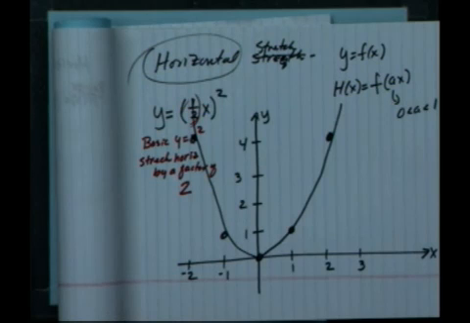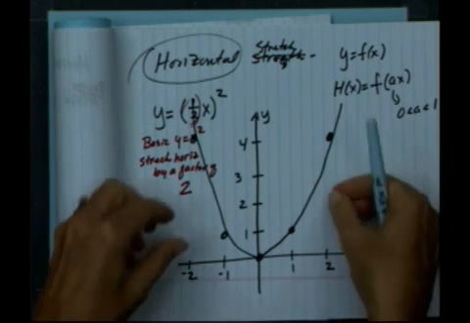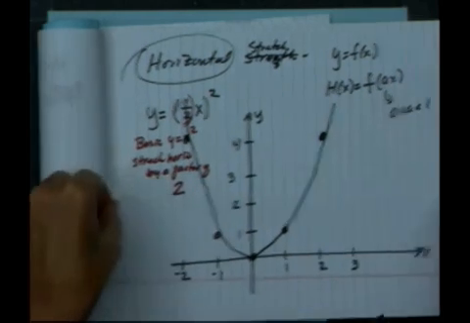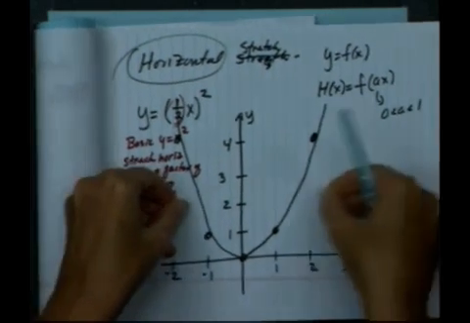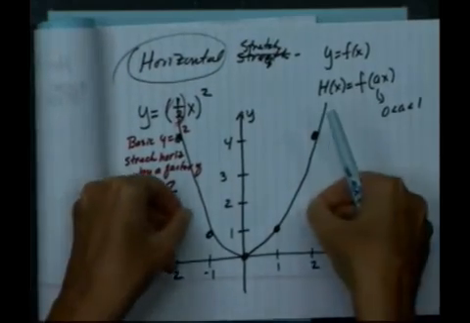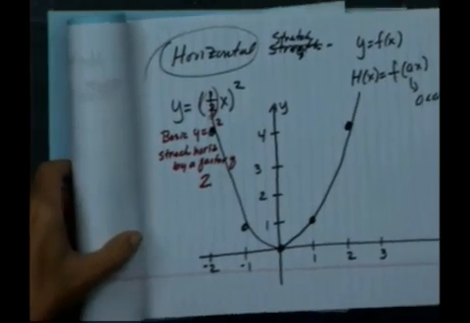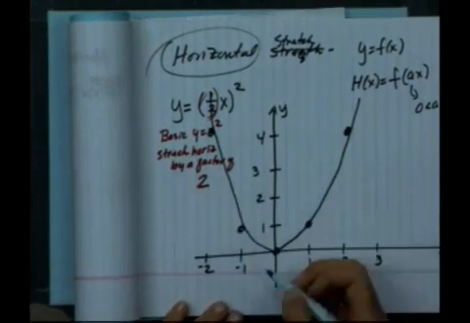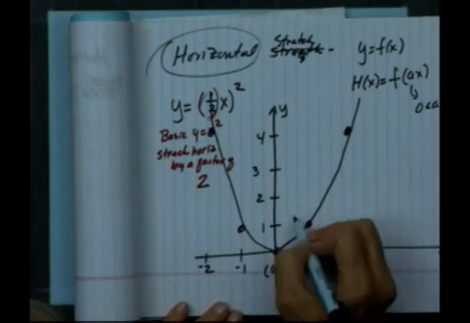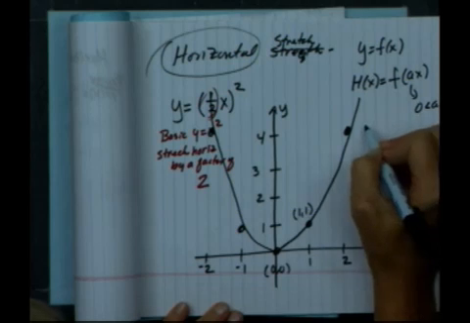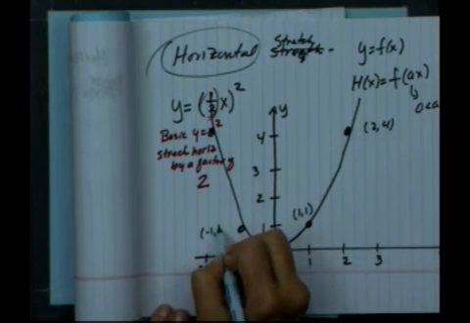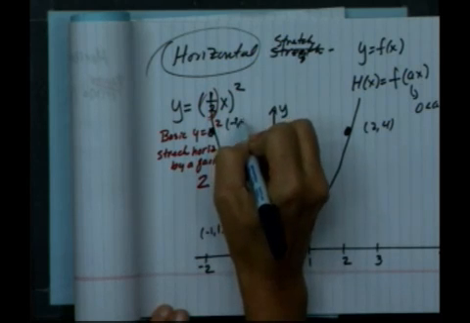Now, if we're stretching it, it's like we're taking it and pulling it horizontally. Let me label the points so we'll see the numbers: 0, 0, 1, 1, 2, 4, -1, 1, -2, 4.